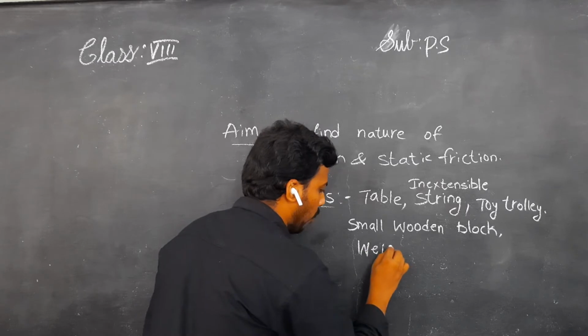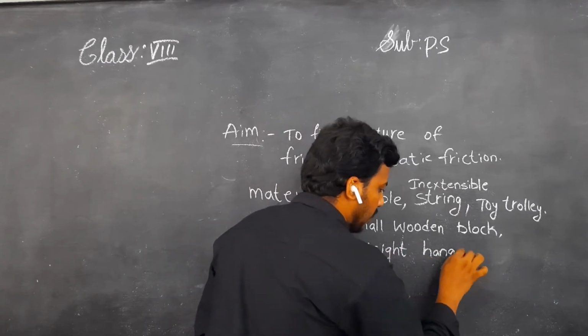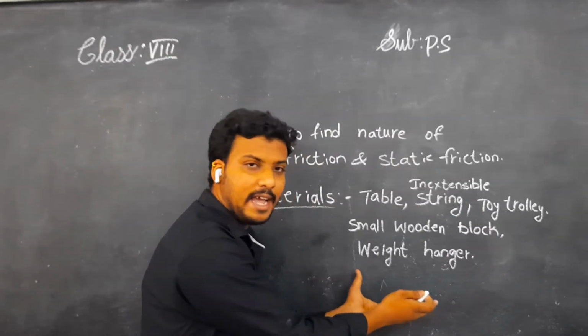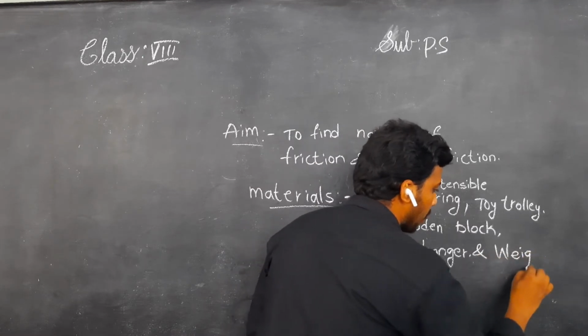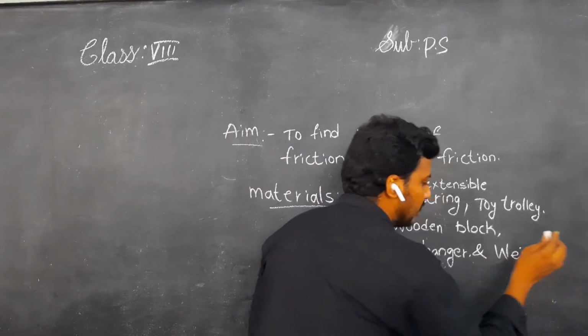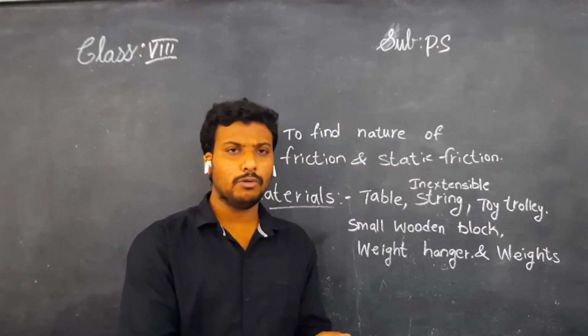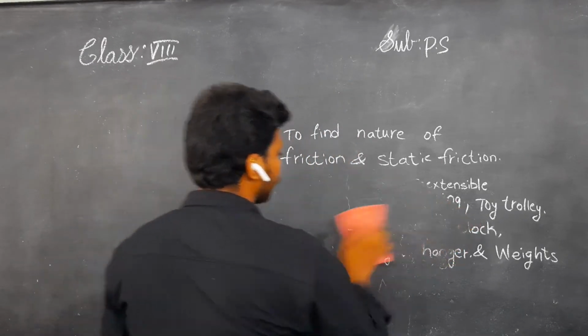Children, weight hanger. What is weight hanger, sir? See, children, to keep the weights, we need a weight hanger. So we are taking weight hanger and weights. Children, these are the materials required to perform this activity. Okay, right now we go to the activity full-fledgedly.